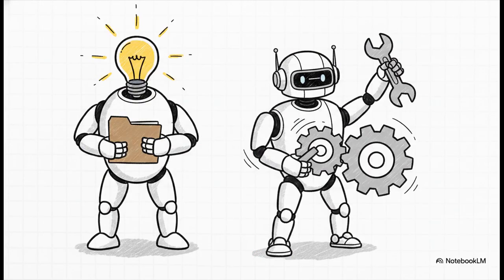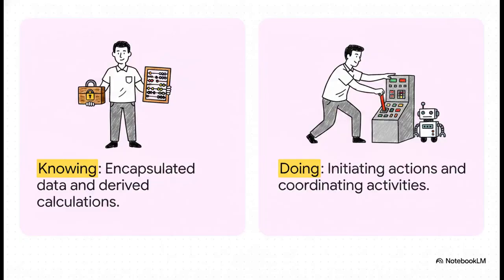Now, to program this machine using the principles we just learned, we really have to realize that object-oriented design is ultimately all about responsibilities. Inside this machine, we're basically treating the software objects exactly like employees in a company. And just like employees, they have very distinct job descriptions. These responsibilities are split into two main categories: knowing and doing. Let's compare these two because it's super important.